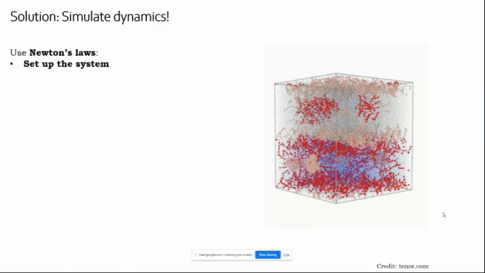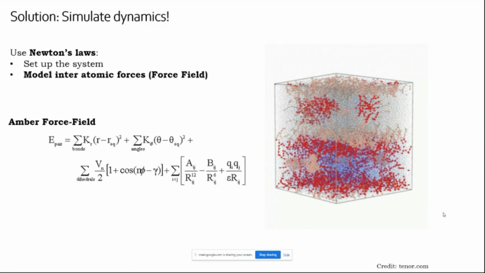This is what is called setting up the system. Then we have to model the interatomic forces. So we have to decide what are the forces that exist and what are the parameters for those forces. For example, bond length.